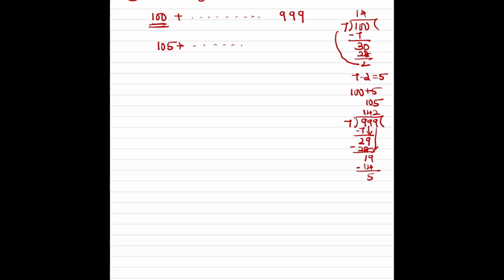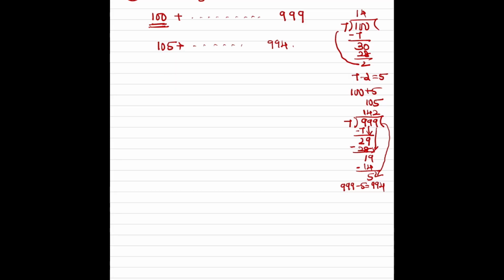So now for 999, 999 minus 5 is 994. This last one is different: from this we directly subtract the remainder. Okay, so 994 is the last 3-digit number that is a multiple of 7.